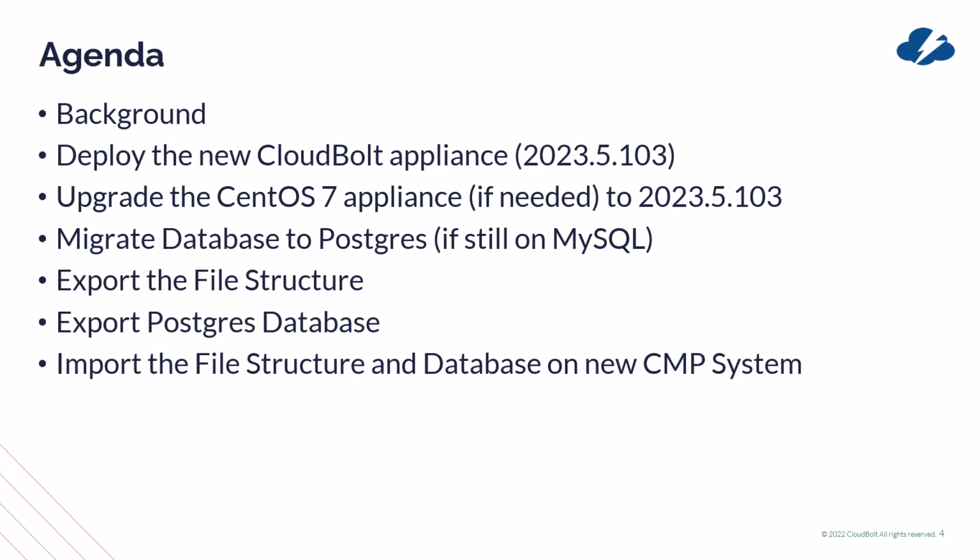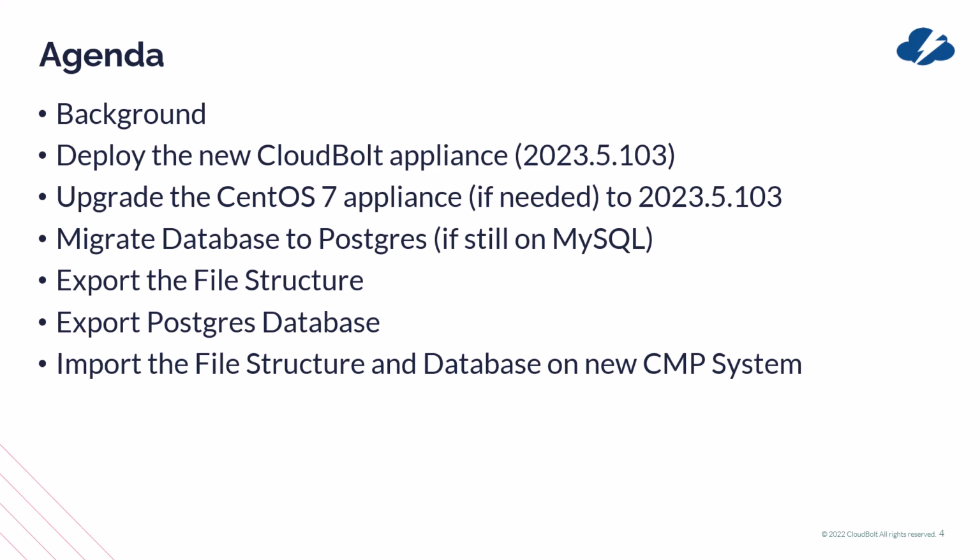I would recommend both having your new CloudBolt appliance deployed at 2023.5.103, as well as making sure that your existing CentOS 7 appliance is also upgraded to 2023.5.103. Regardless of what version you go with, again, 2024 does not support the CentOS system, so you do want to do something. 5.103 is the last 2023 release, so I think that's a great choice for most customers.